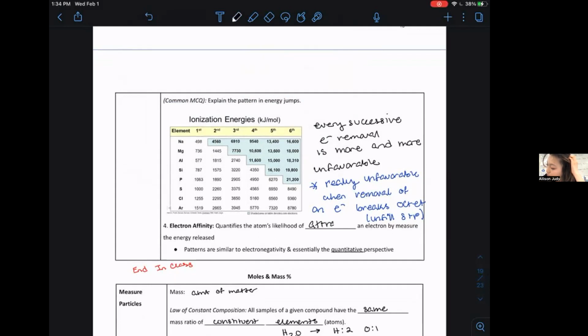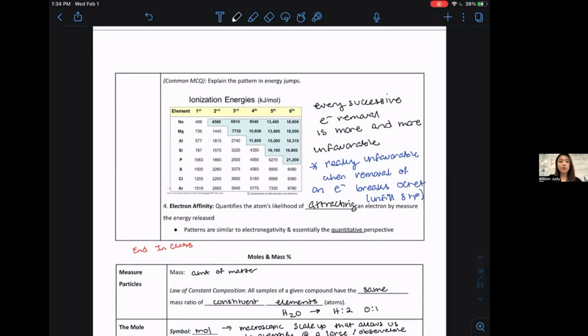I would just know that it's very similar to electronegativity. That's the big idea: if they say electron affinity, just think of it as electronegativity. All right, and that's all for your lecture.